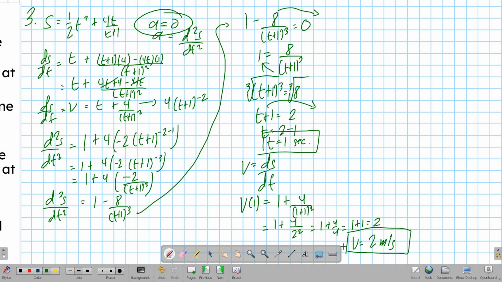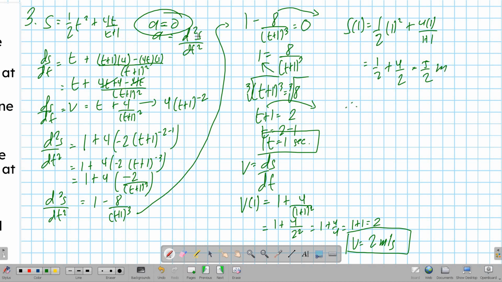And to find where the particle is at this specific situation, we now solve for s of 1. That will be 1 half times 1 squared plus 4 times 1 over 1 plus 1. I'm going to have 1 half plus 4 over 2. Therefore, I'm going to have 5 halves meters.